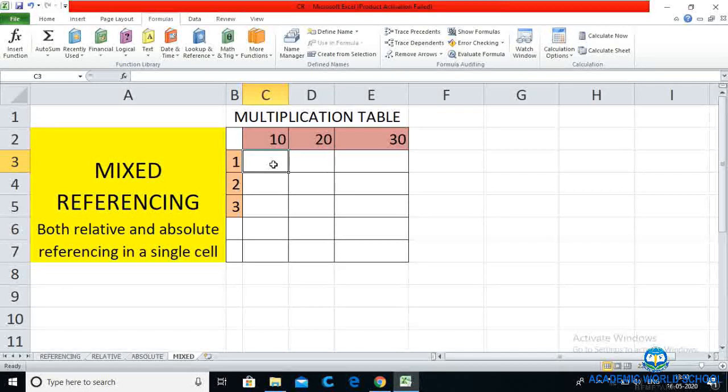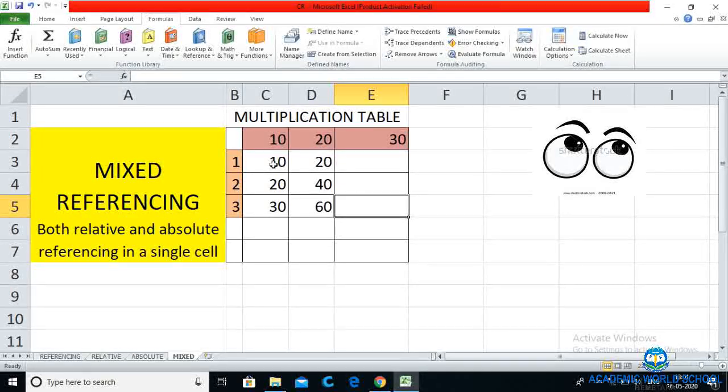So 10 multiplied by 1, it will be 10, then 20, then 30. Good. Now 20 multiplied by 1 is 20. Multiplied by 2 is 40. Now you people will be thinking why ma'am is making us learn the multiplication table of 10, 20 and 30. Oh ma'am, we all know.